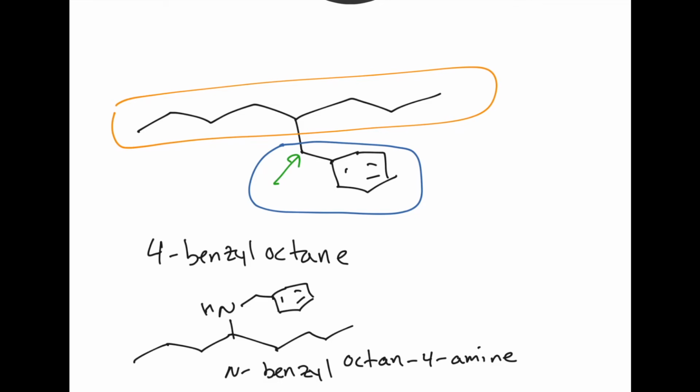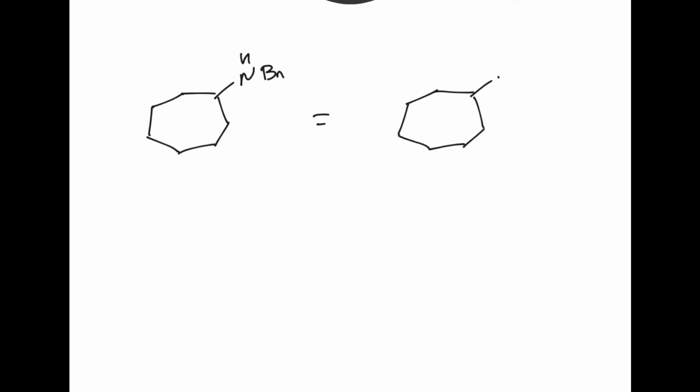And again, just like the Ph, we can use Bn to save us from having to draw the ring. The Bn is taking the spot of the CH2 and the aromatic ring. So if you just see Bn, it's CH2, then a benzene.